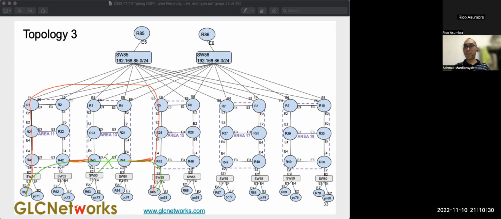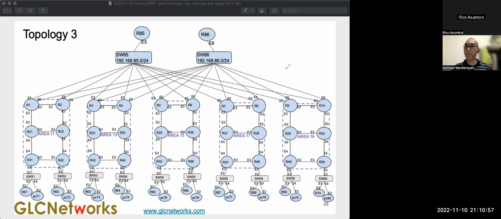Same idea with area 0 here. So all traffic from other areas, if they want to go to other areas, they have to go through a backbone. So that's the hierarchy in OSPF.